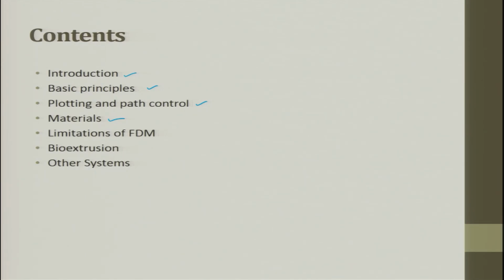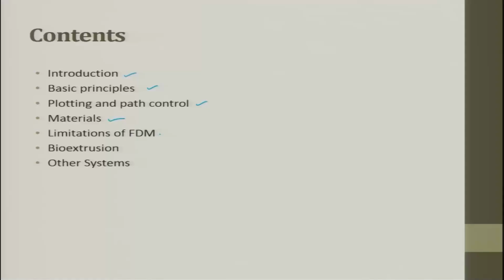For example, tissue printing is something which is talked about more today. The starting material is a polymer, and you make the composition of the polymer such that you can print tissues, and these tissues can be interfaced into the body and become an original part over a period of time. Then limitations of the FDM process, bio-extrusion and other systems we will see in this lecture.